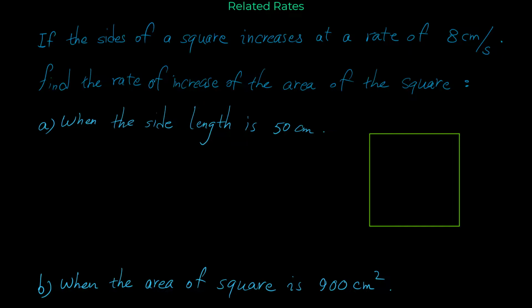So every second that passes, each side length is increasing at a rate of 8 centimeter. We want to know the rate of increase in the area of the square. Of course, when the side increases, the area also increases. But we want to know the rate of increase of the area.